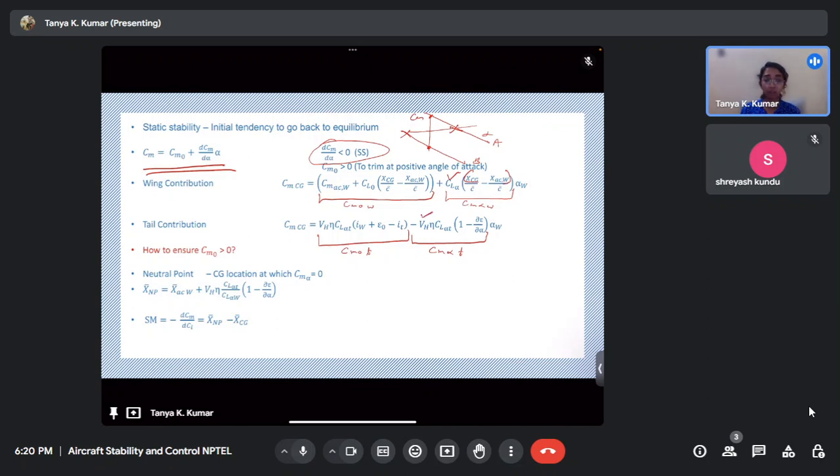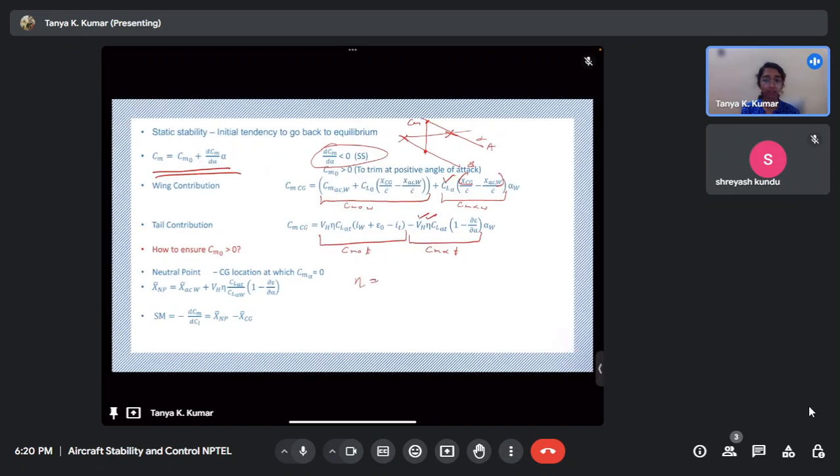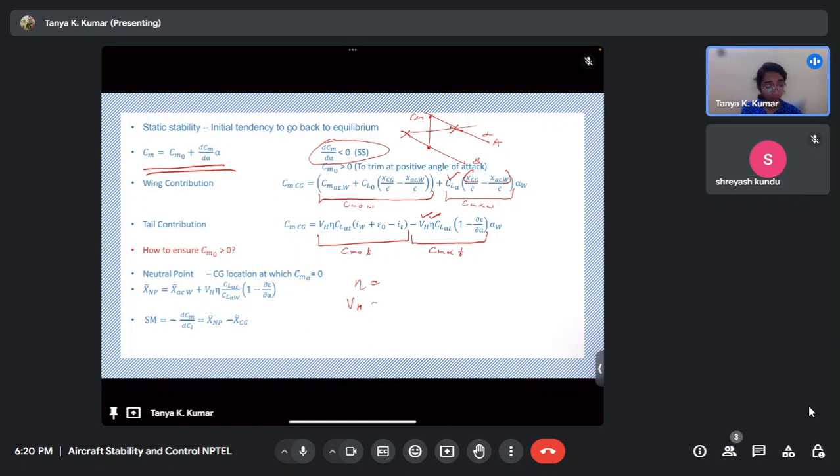VH, tail volume ratio, it's positive. Tail efficiency factor, it's positive. What is tail efficiency factor? Eta. Do you know what it is? What is it equal to? VH is horizontal tail volume ratio, ST LT upon SC bar. What about efficiency factor?